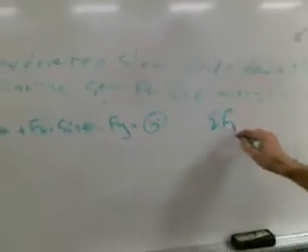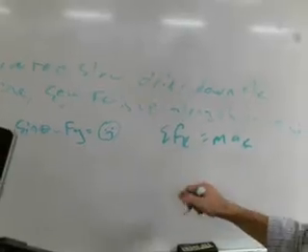The x's will be the two that are fighting each other. Towards the center is positive, so the sum of the forces in the x is ma, which is centripetal. The positive one towards the center is Fn sine theta.